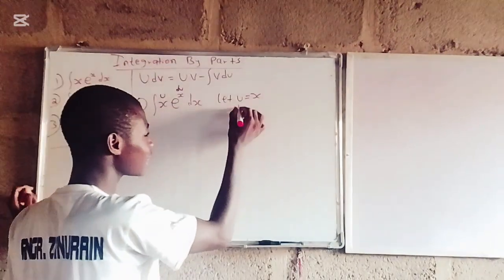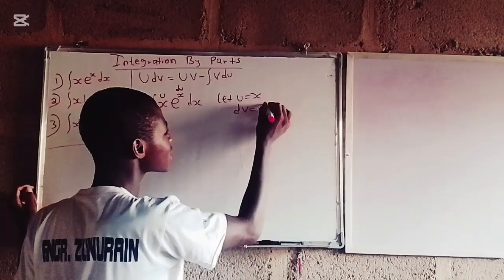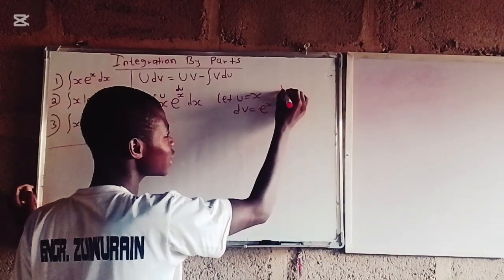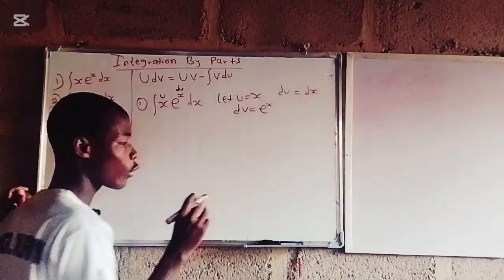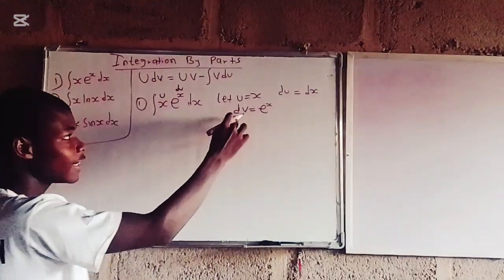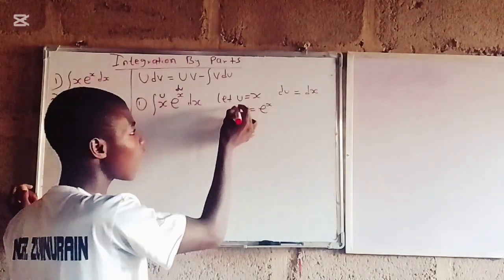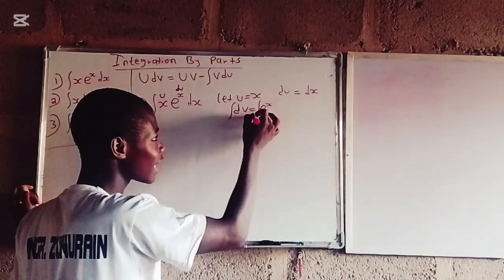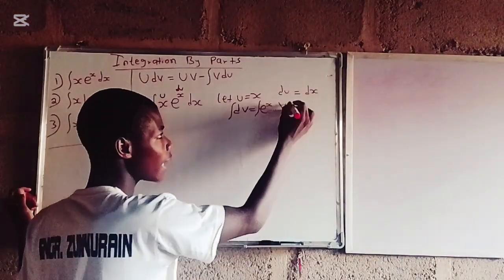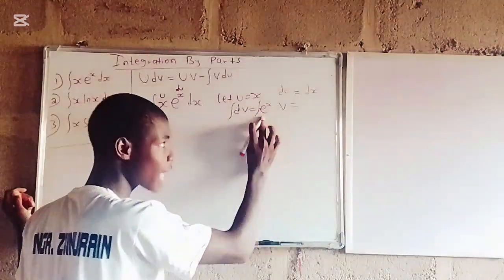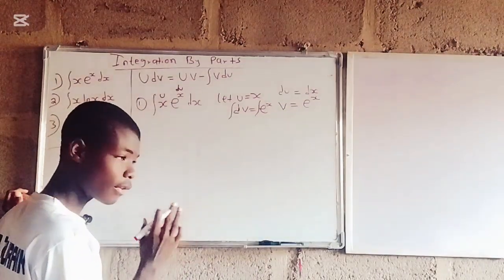But this I have to let be dv, which is e to the x. So as you can see, du will now be only dx, which is 1, and for dv, I have to find v. To find v, what should I do? I will integrate dv and integrate e to the power of x. If I integrate dv, I am left with only v, and if I integrate e to the power of x, the same thing, I will get e to the power of x. I hope you get it.